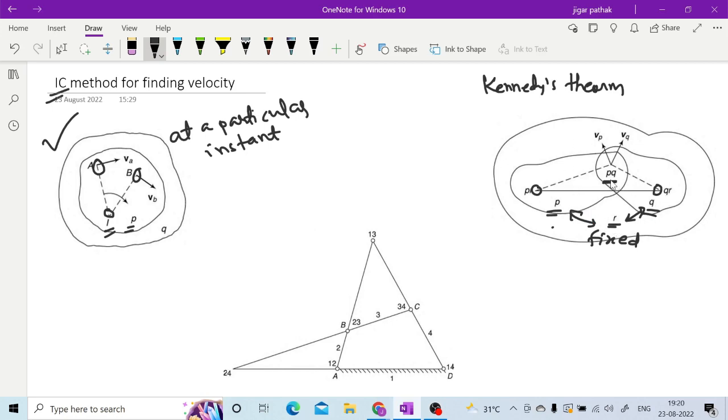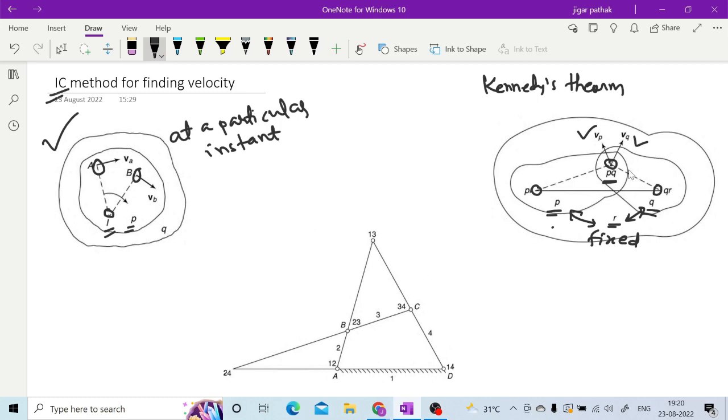Now consider the instantaneous center of rotation for links P and Q, and assume it is at this particular point. If you consider this point PQ on link P, the direction of linear velocity will be this one, VP. If you consider the point PQ on link Q, the direction will be this one, VQ.